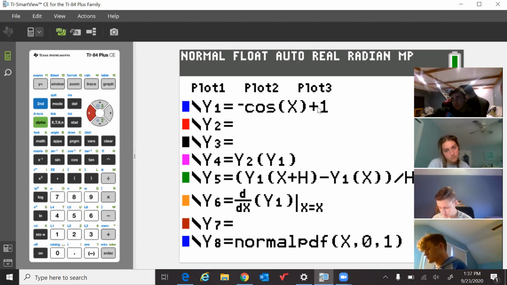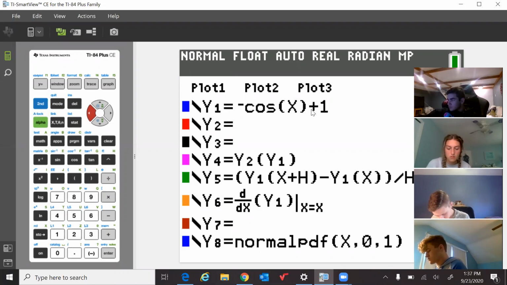Which is what? It's the cosine x that's been reflected over the x-axis. So instead of maxing out at 0, it mins out at 0. And the graph's then been moved up 1, because it's really y take away 1 equals this.